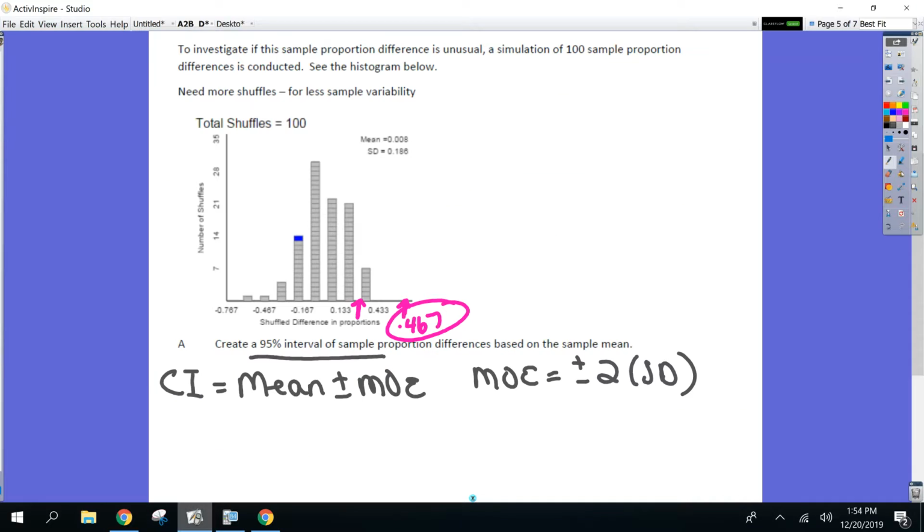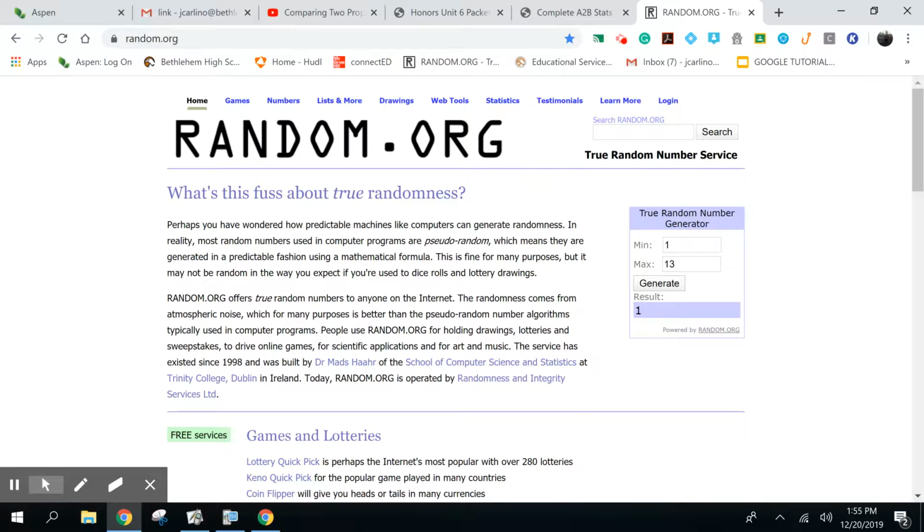Okay, number 9, using the simulation we just did. What's the standard deviation? 0.186. Okay, so go ahead, find the margin of error, plus or minus. Number 10, what's my margin of error here?